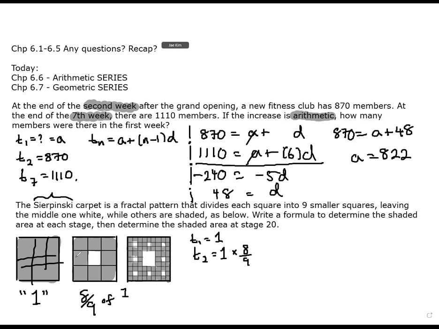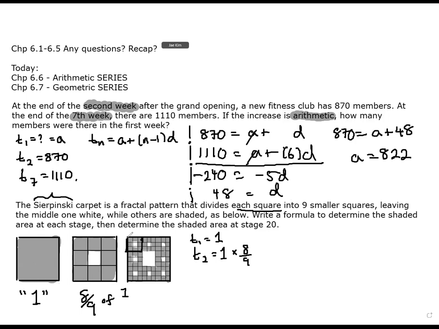Now, looking at all the new gray squares that we created, each gray square is cut into 9 smaller squares, leaving the middle one white.